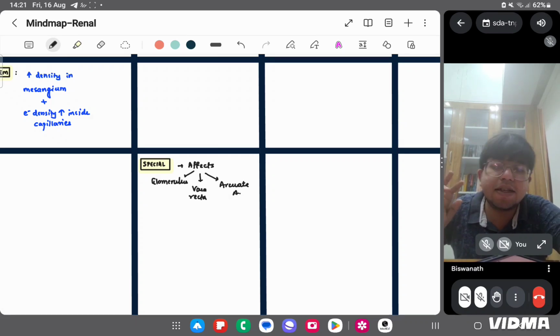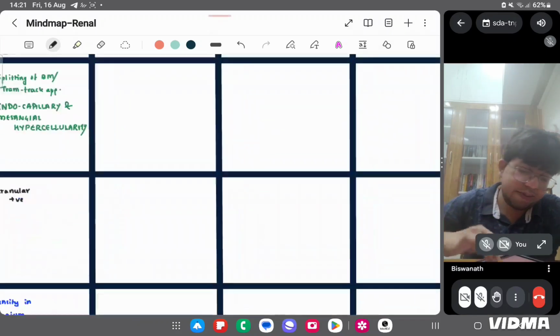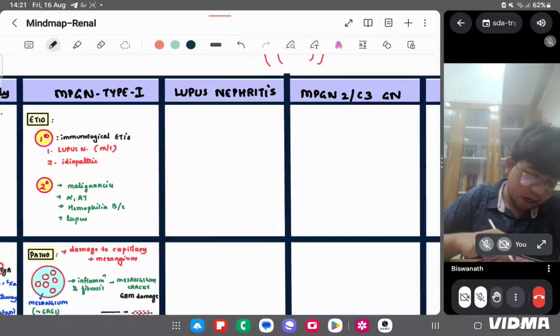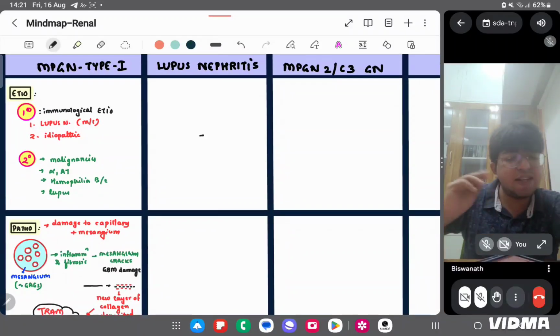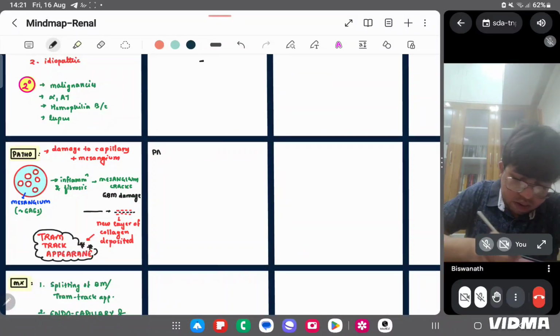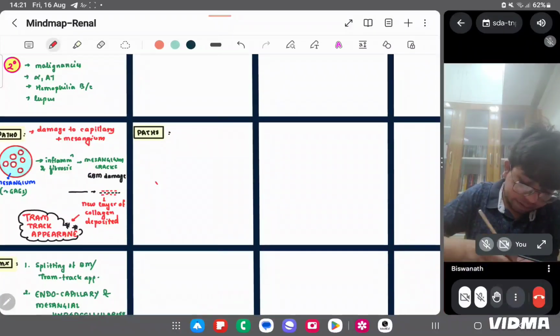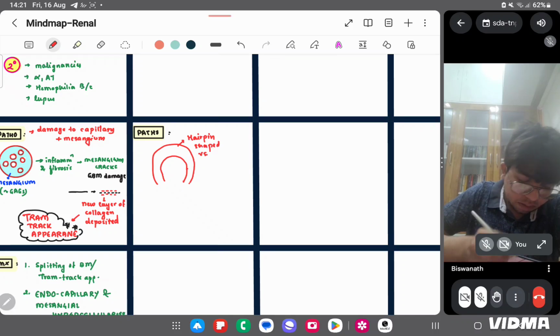So etiology is simply vascular stasis. No such etiological importance is there. The pathogenesis is: this is a hairpin shaped vessel, so there is vascular stasis and there is deposition of immune complexes.